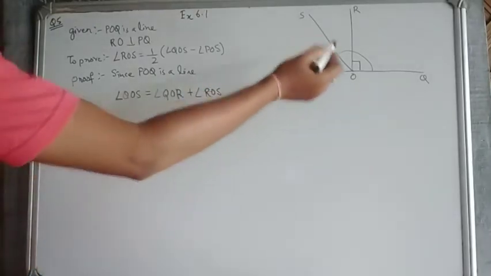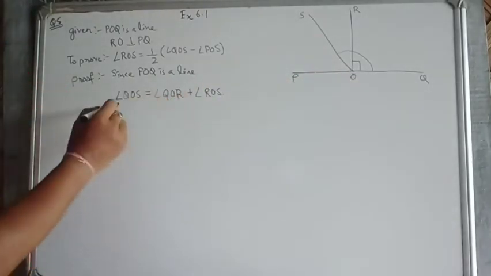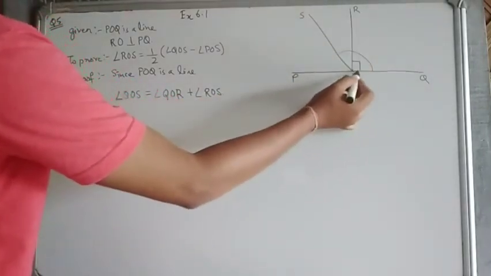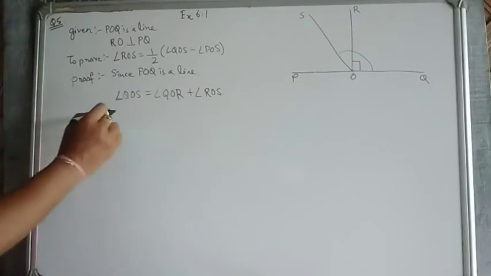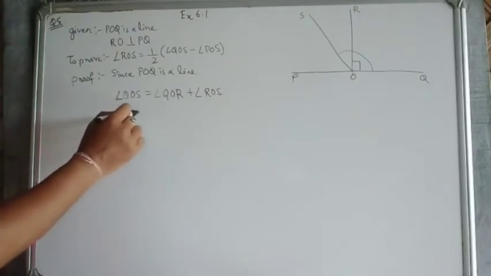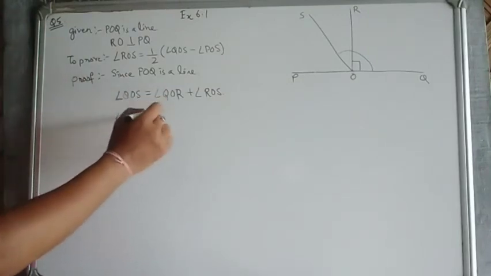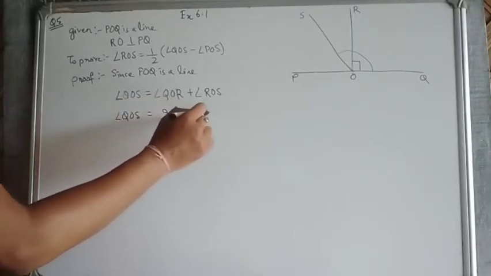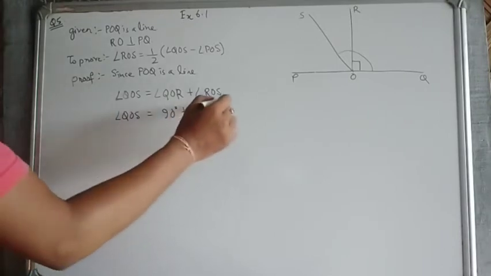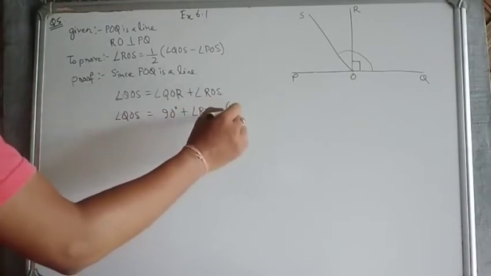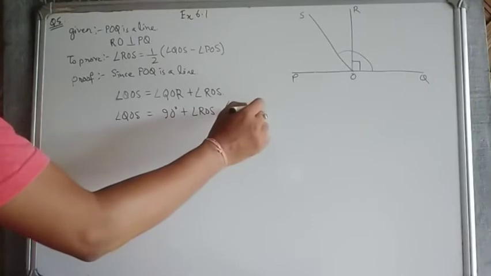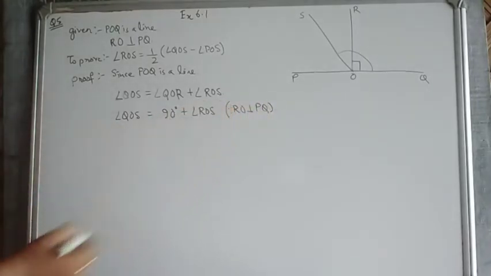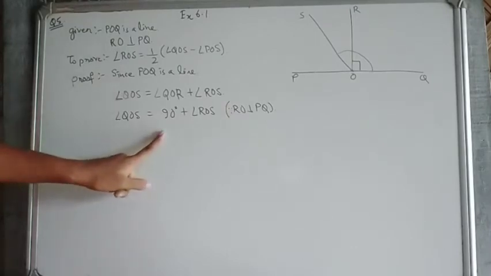Then angle QOR, because it is perpendicular, becomes how much? 90 degree. So angle QOS will be equal to 90 plus angle ROS, because RO is perpendicular to PQ. So this is perpendicular, that's why this becomes 90.